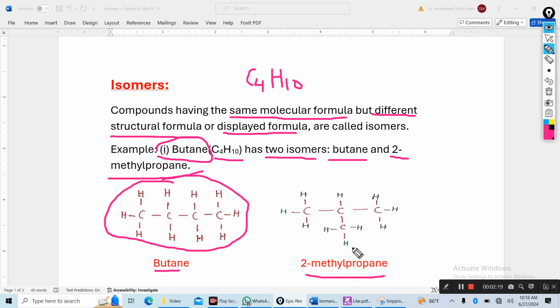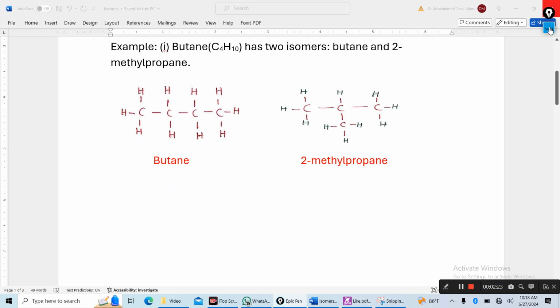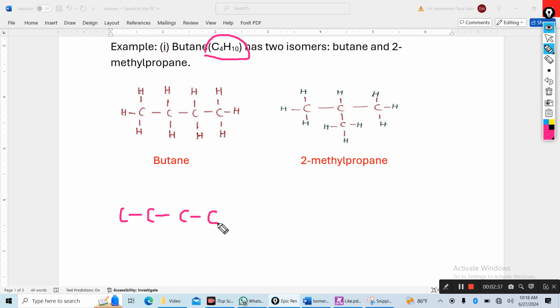Now how will you draw them? At first, here you see C4H10, so you write 4 carbons. Then carbon valence is 4, you know.